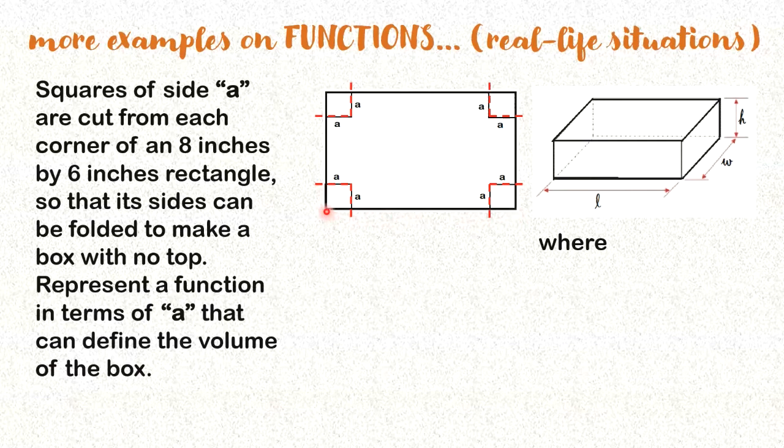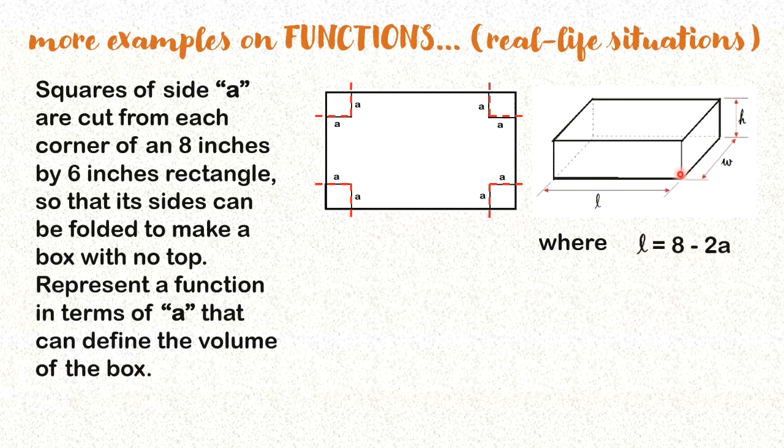Yung length niya from here up to this point. Ngayon, nag-cut kasi tayo ng squares dun sa side. Gaano kahaba to? Itong kinat natin dito sa one side. A. Gaano naman kahaba ito? A rin. So, ibig sabihin, yung 8 inches natin, nabawasan ng dalawang A. So, that's why, length L is equal to 8 inches minus 2A inches.